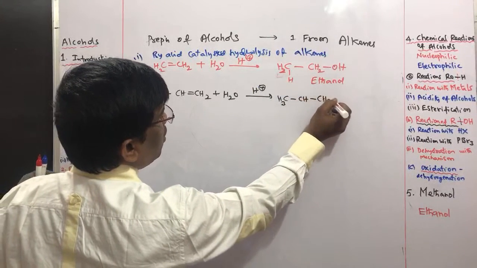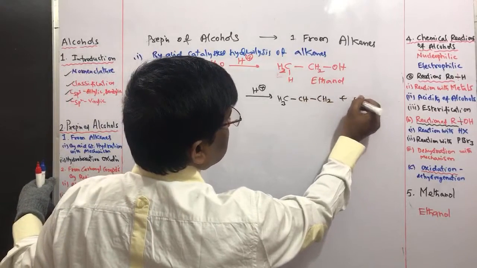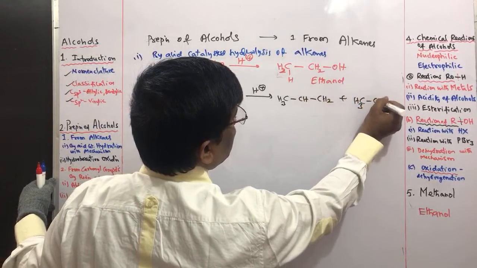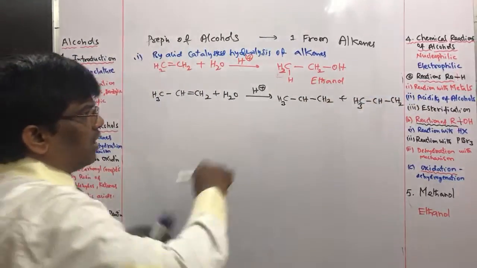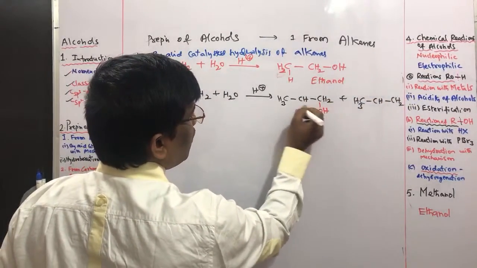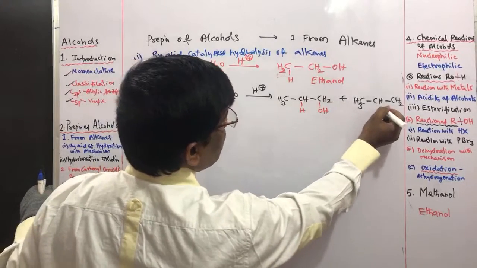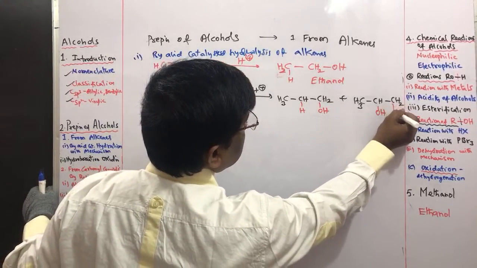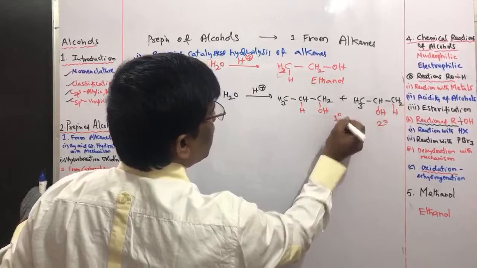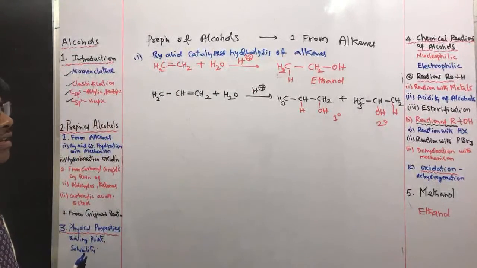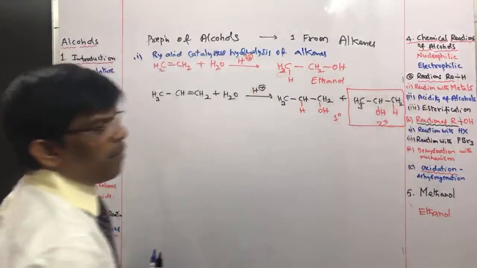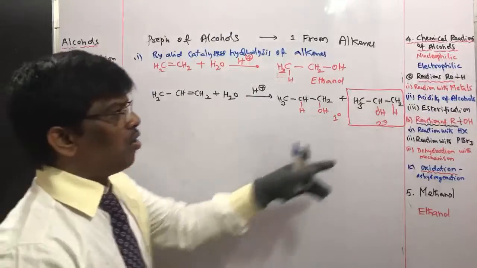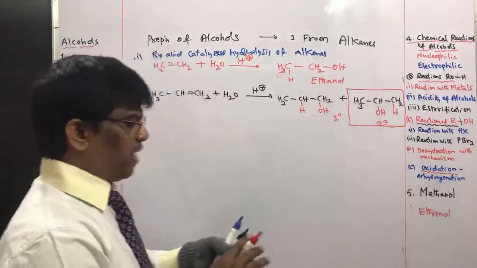That is what I want to show, but only one is going to be formed. Why? Have you any answer? Is it going to form this OH or this? This is secondary, this is primary alcohol. So which is going to form major? Let us see the mechanism.